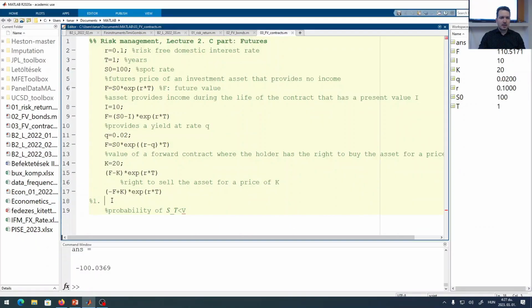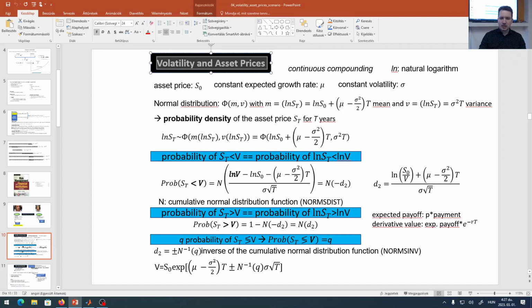Volatility surprises, so in this case we can find it later on. So probability of ST is smaller than V.